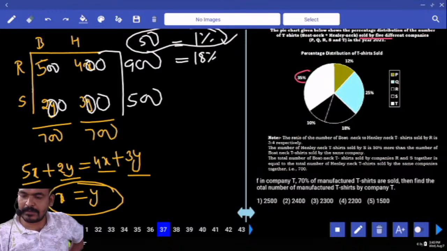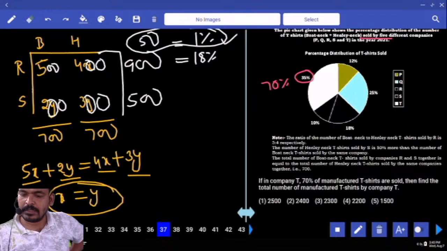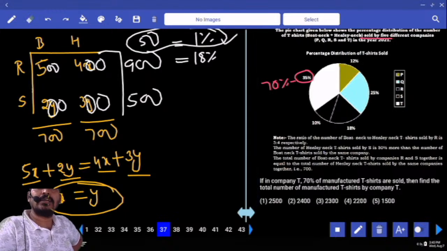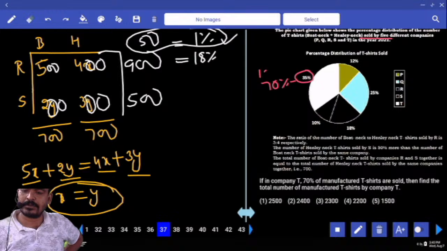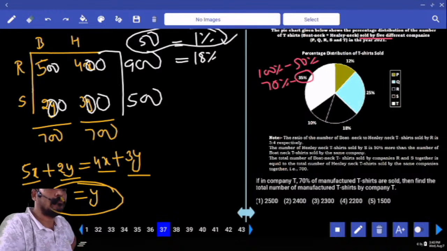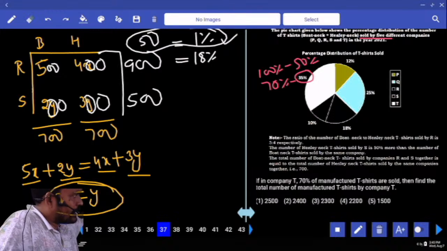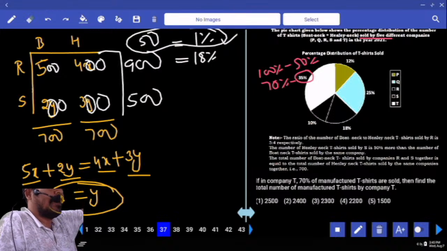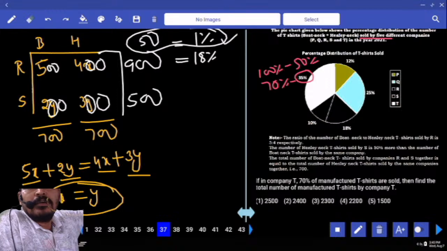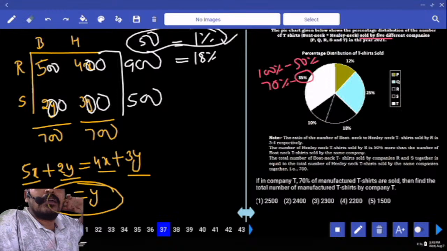But in place of 70%, the value given is 35%. So 70% is 35%, then 100% is 50%. Out of 50%, 35% is sold. Manufactured value is 50, but sold is 35%.